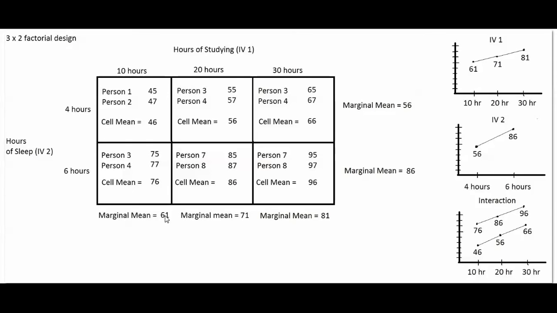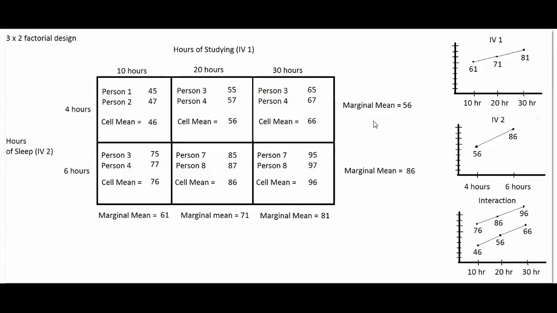If at least one column mean is different than the others, then there is a main effect of IV1. In this data set, all 3 column means are different, so there is a main effect of IV1. But if it had been something like 61, 61, 71, there still would have been a main effect of IV1 because one column mean would have been different from the other 2.